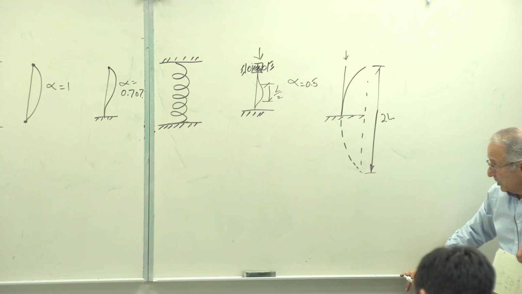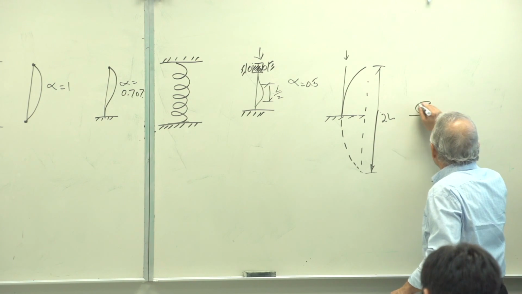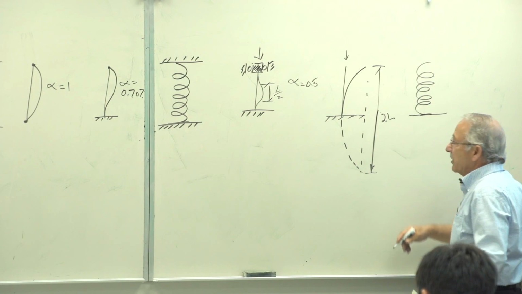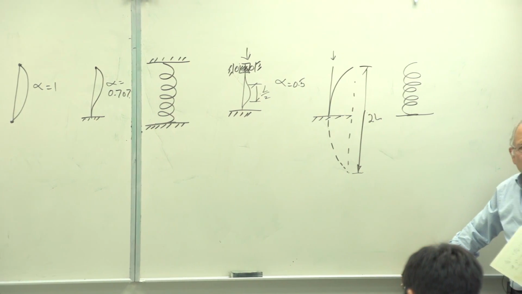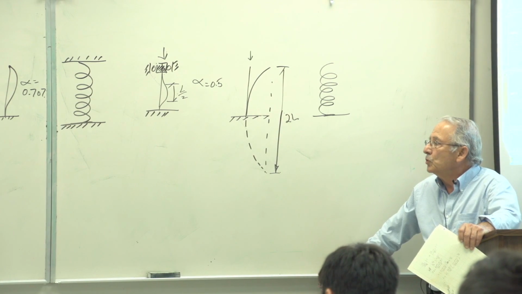So for this case, fixed here, free there, the coefficient alpha is 2.